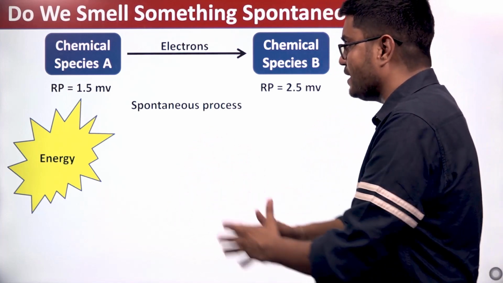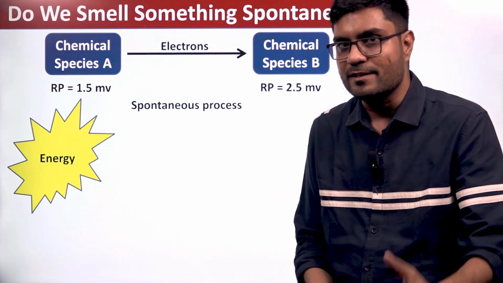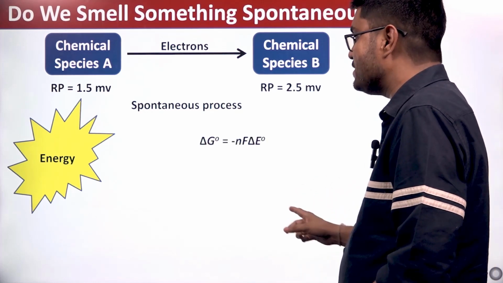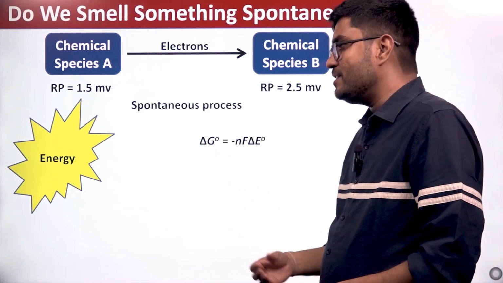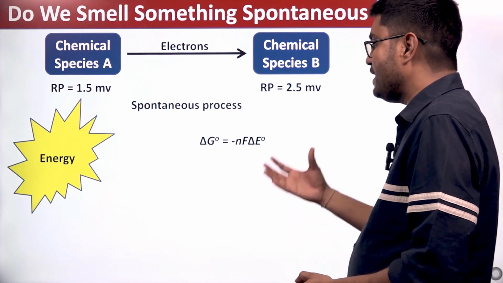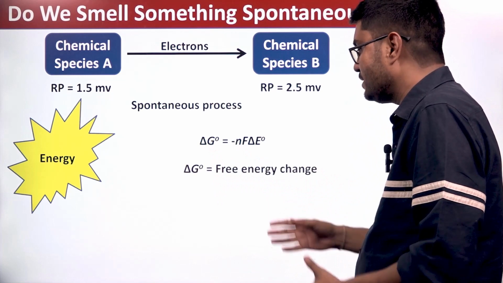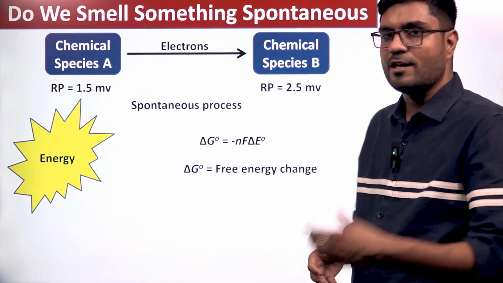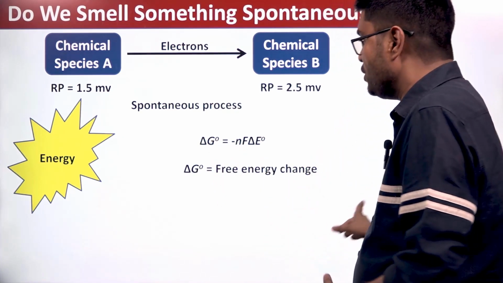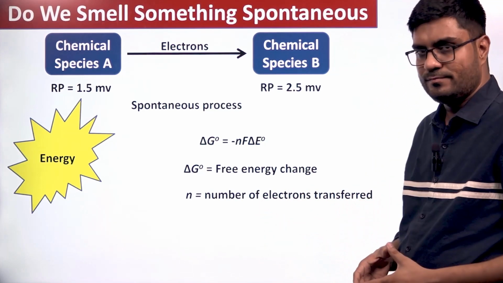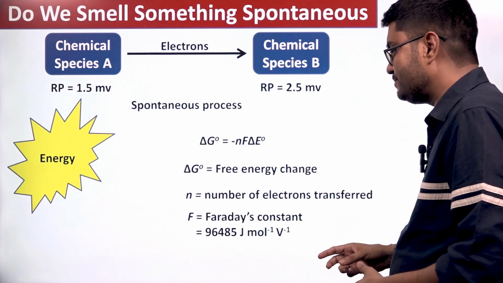Can we calculate this energy? The answer is yes. We can calculate the energy by utilizing this formula where delta G is equal to minus nF delta E. What is delta G? Free energy change, or the amount of energy released. What is n? Number of electrons transferred. What is F?